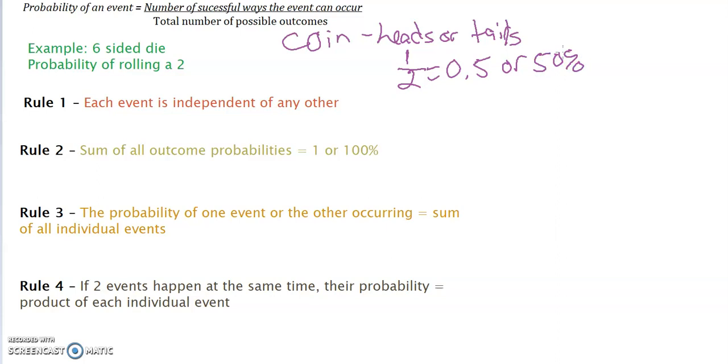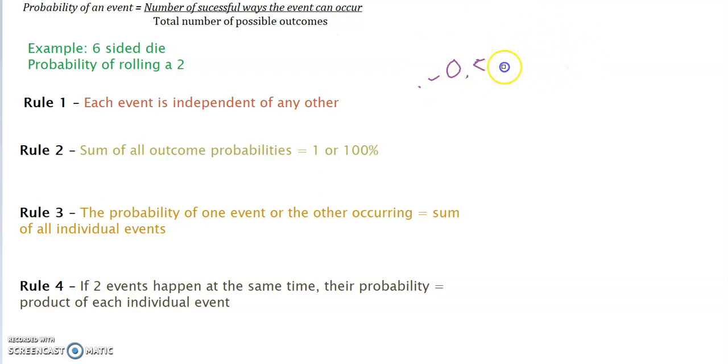The example that I'm actually going to use is a die. Let's think about one 6-sided die that you would use to play a board game. We have 6 options. So what is the probability of rolling a 2 if you have a 6-sided die?